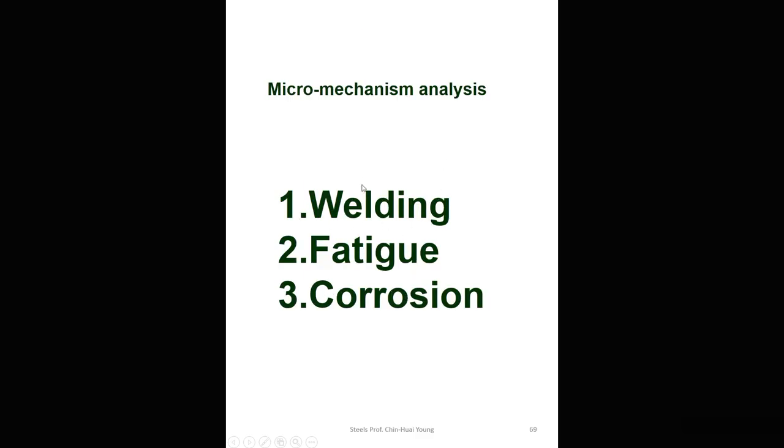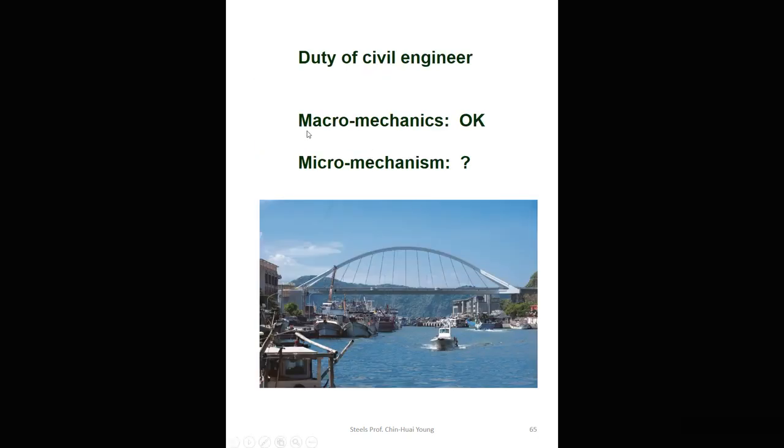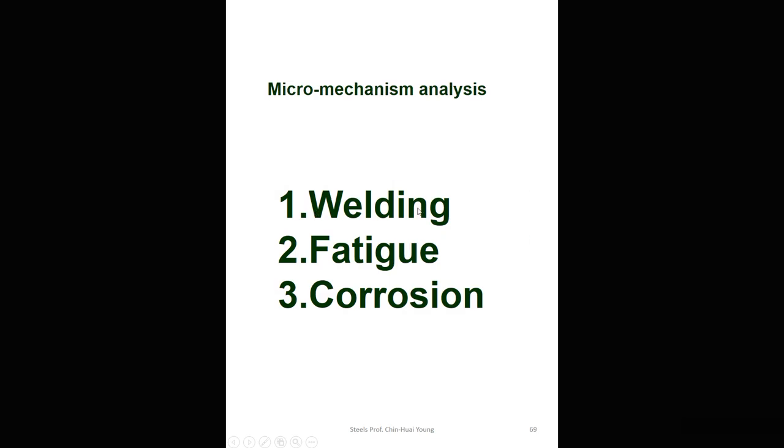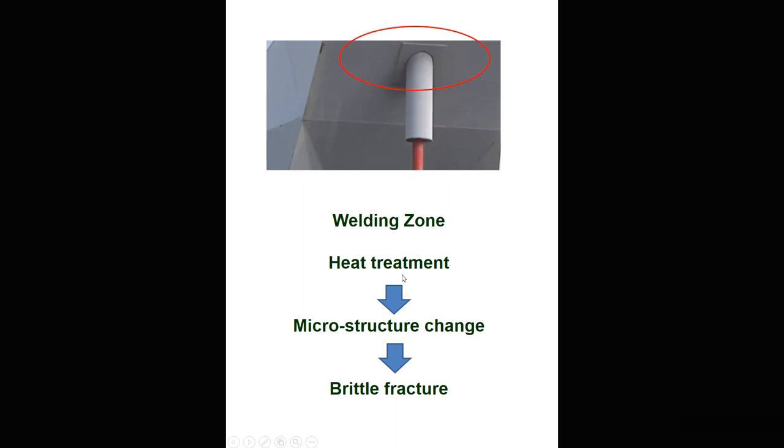All these three problems are micromechanics, material science, not mechanical. So mechanical, no problem. But the problem is inside the material, the micromechanism, due to welding problem, fatigue problem, and corrosion problem. So we think maybe here, because we do heat treatment before and the microstructure changes, and later it becomes brittle.